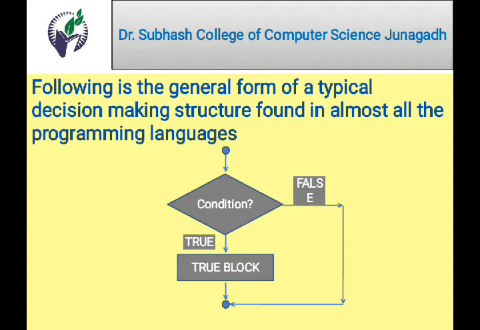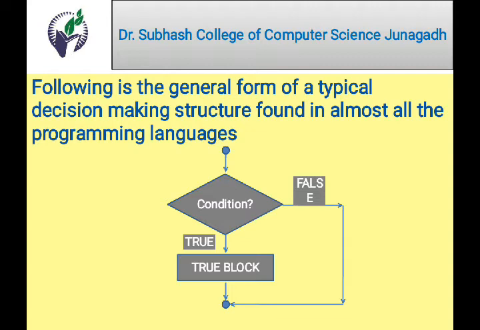But if this condition becomes false, we will have to follow this path, and by bypassing or skipping this true block, we will alternatively reach the end and come out from this decision structure.